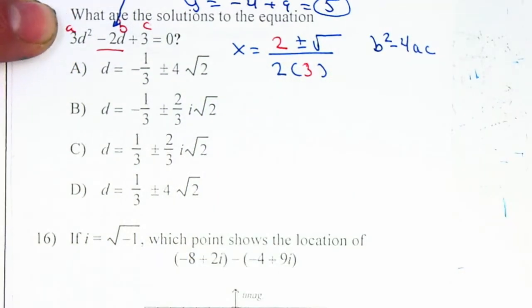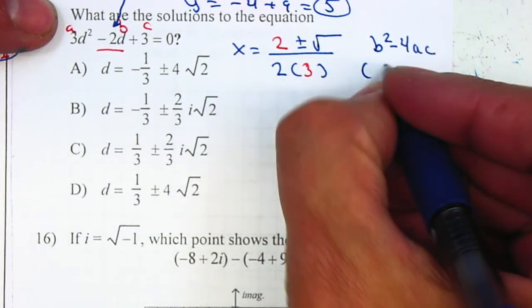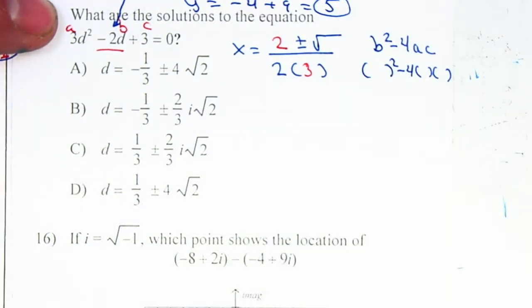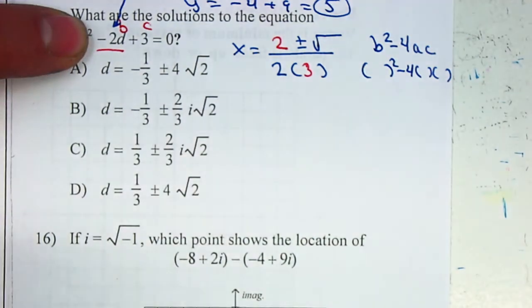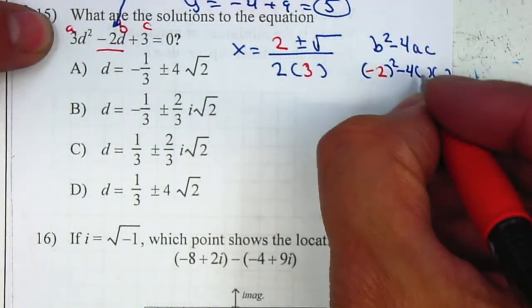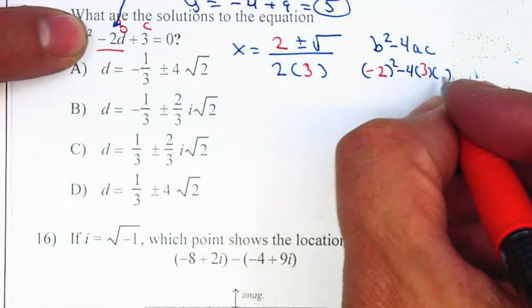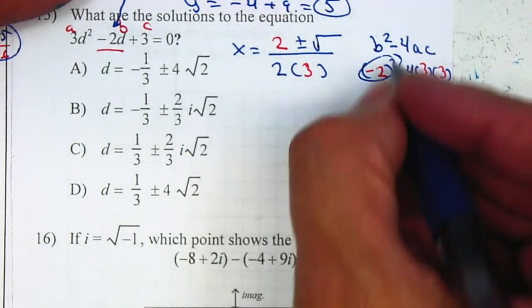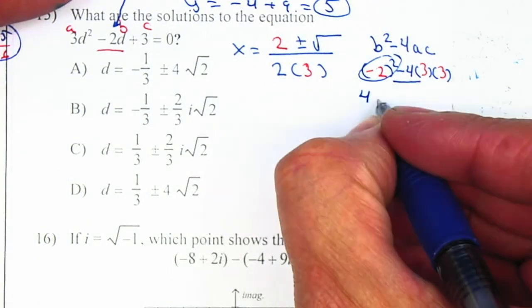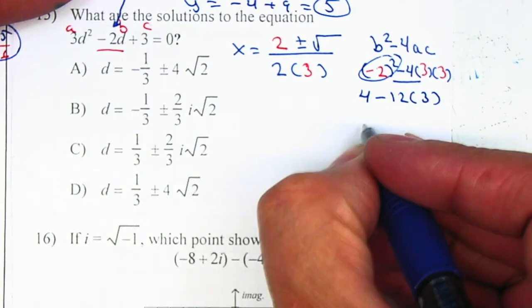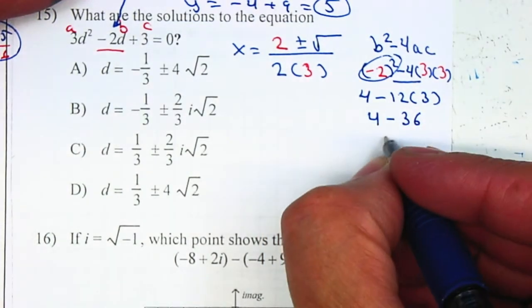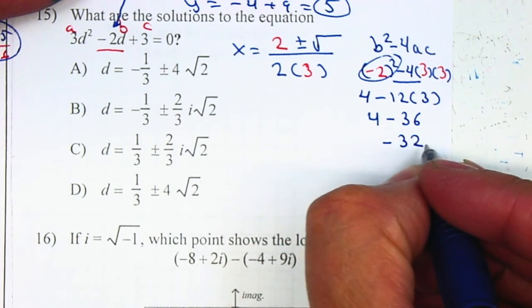And the discriminant will be inside the square root, so we have B squared minus 4AC. B is negative 2. A is 3. And C is 3. Negative 2 squared is positive 4. That is negative 12 times 3. 4 minus 36 gives me negative 32.